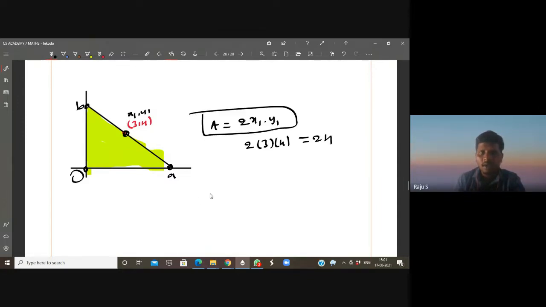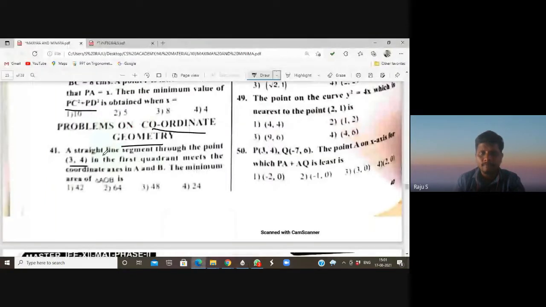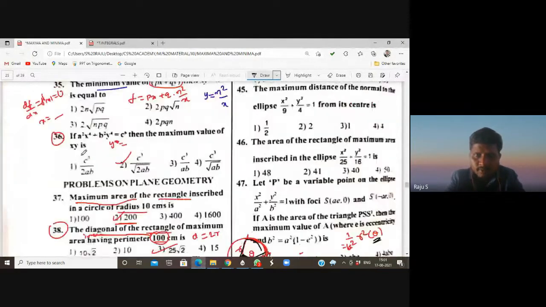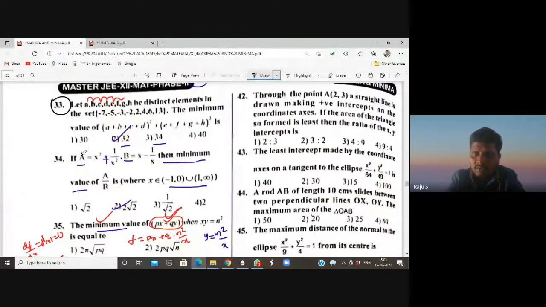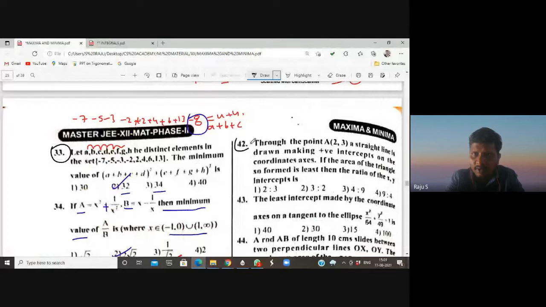And also, in this case, this is the one. The next one. All the questions they'll give like this only in this maximum minimum concept. Like through the point 2, 3, the straight line drawn, making positive intercept on the coordinate axis.